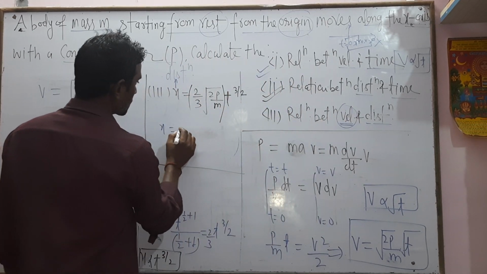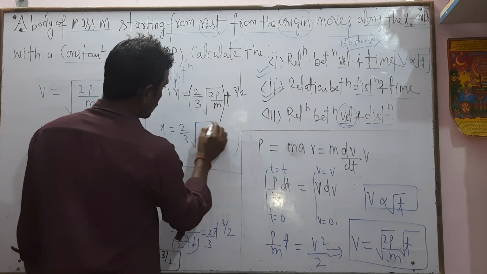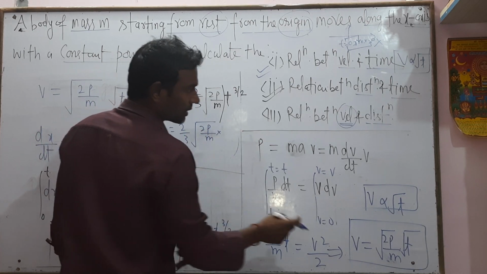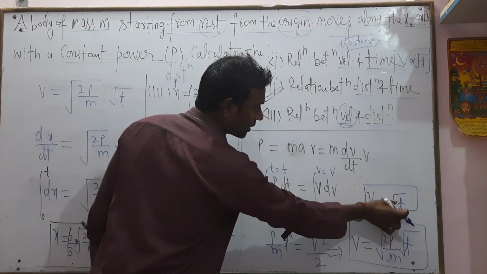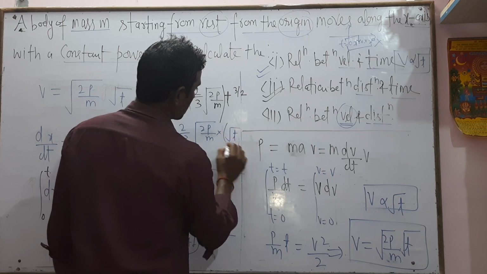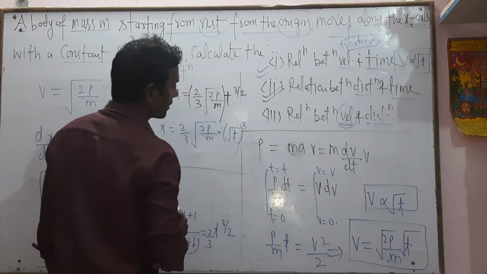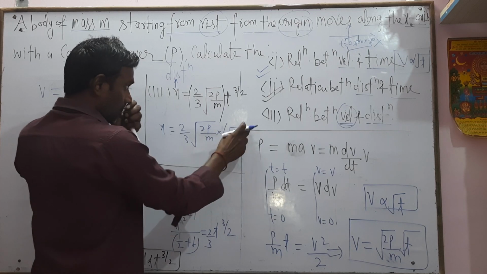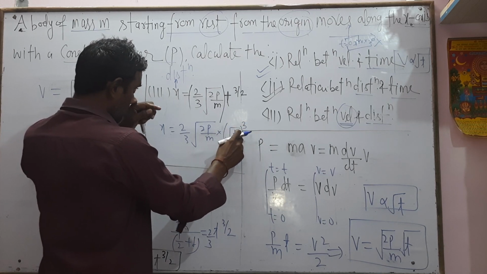So x equals 2 by 3 root of 2P by m into, since velocity is proportional to root of t, root of t to the power 3, that is t to the power 1 by 2 to the power 3, so t raised to 3 by 2.